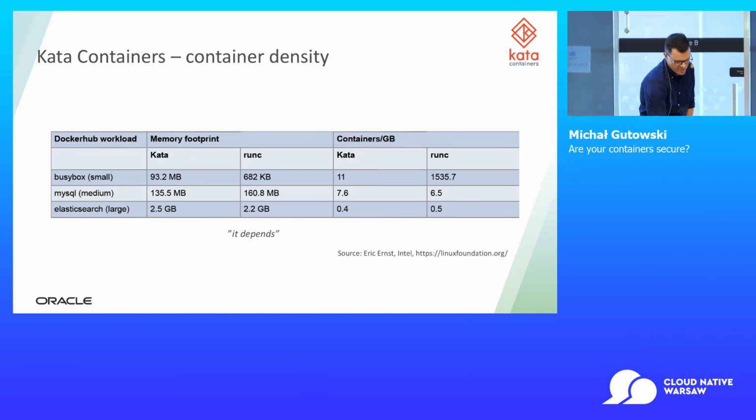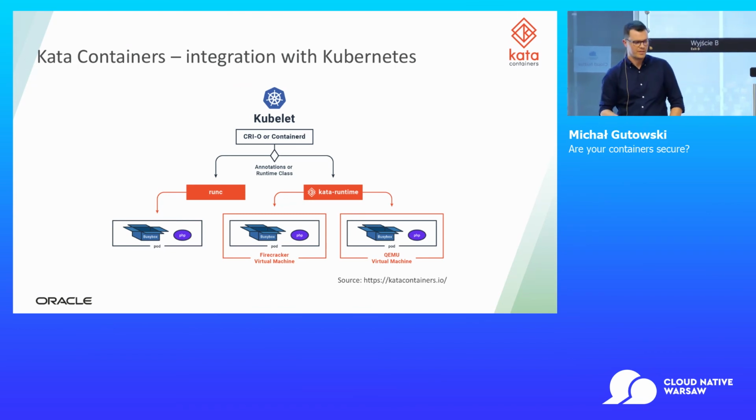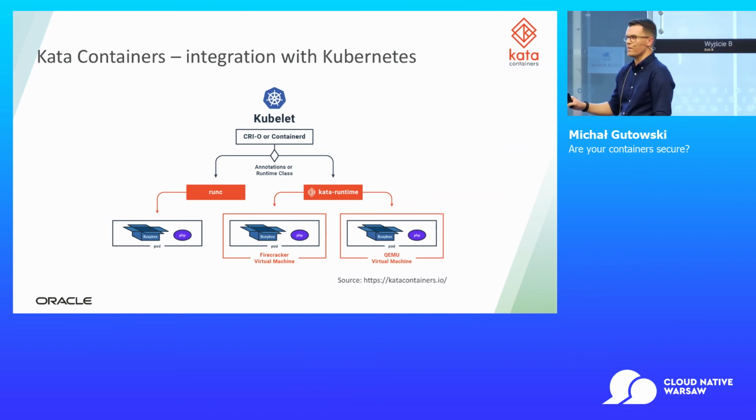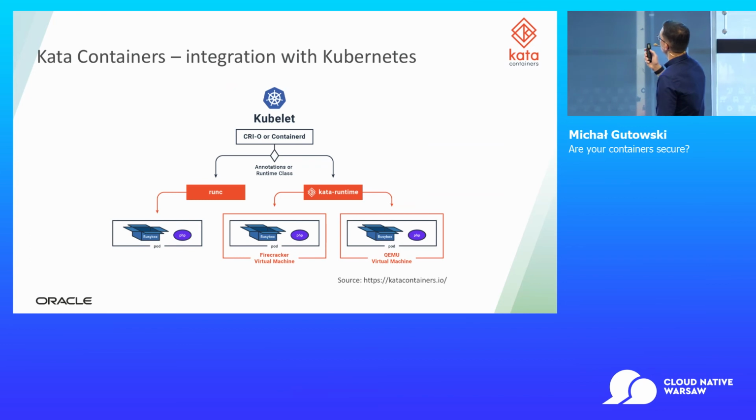But what is nice about Kata containers is that this integrates really well with Kubernetes, right? We don't need to change our whole Kubernetes cluster. We are still using the same cluster. We just need to add another runtime. The Kata runtime is written in a way that it should support many hypervisors.